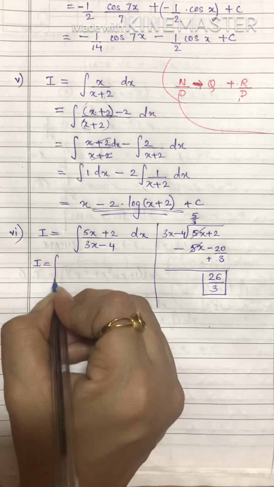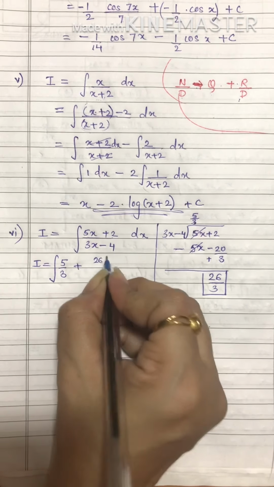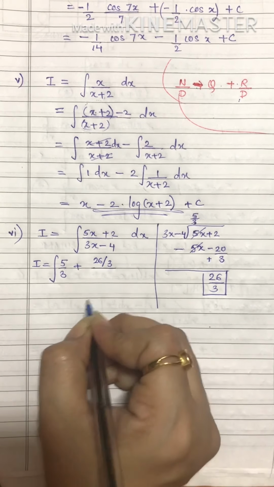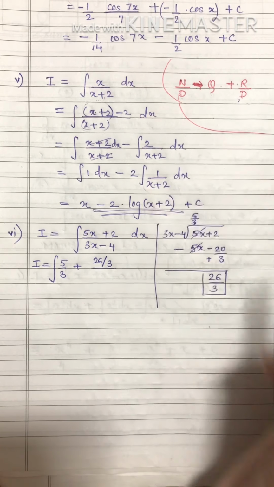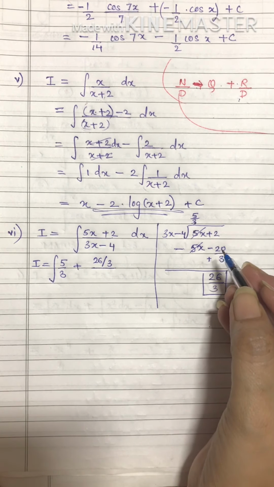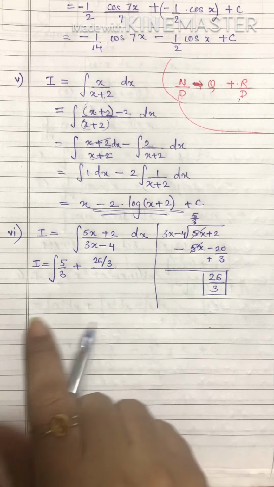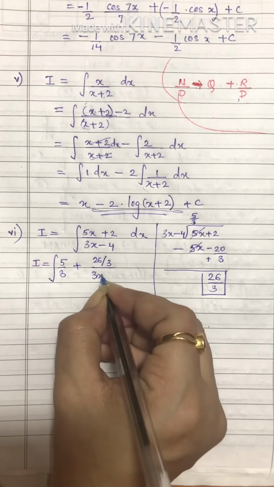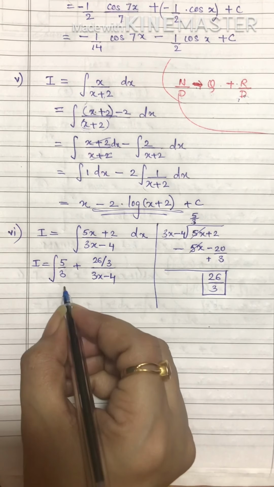The next step of our integration becomes 5/3 plus (26/3)/(3x - 4). I will just write down what this d represents, because maybe you will get confused whether it is dividend or divisor. So this is 3x - 4 here, that is the divisor.